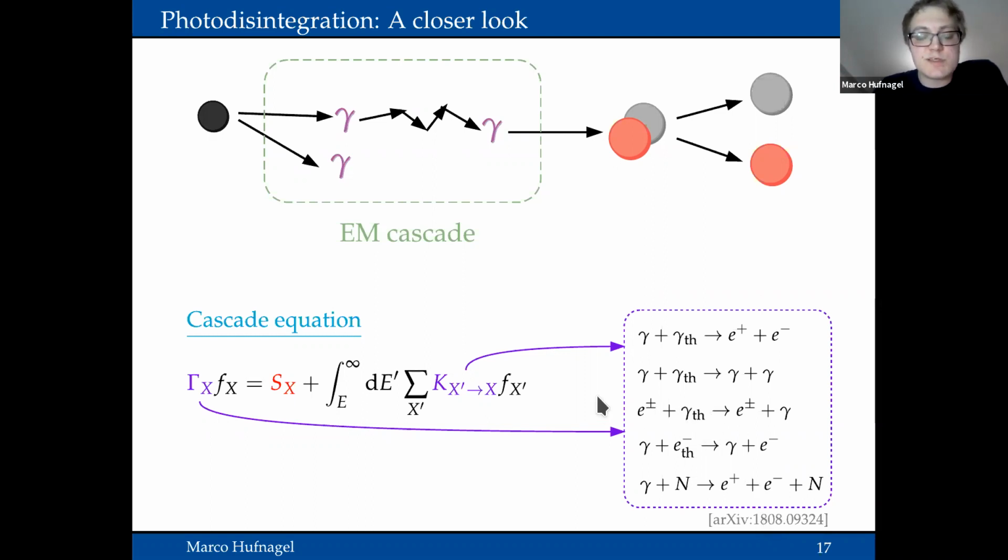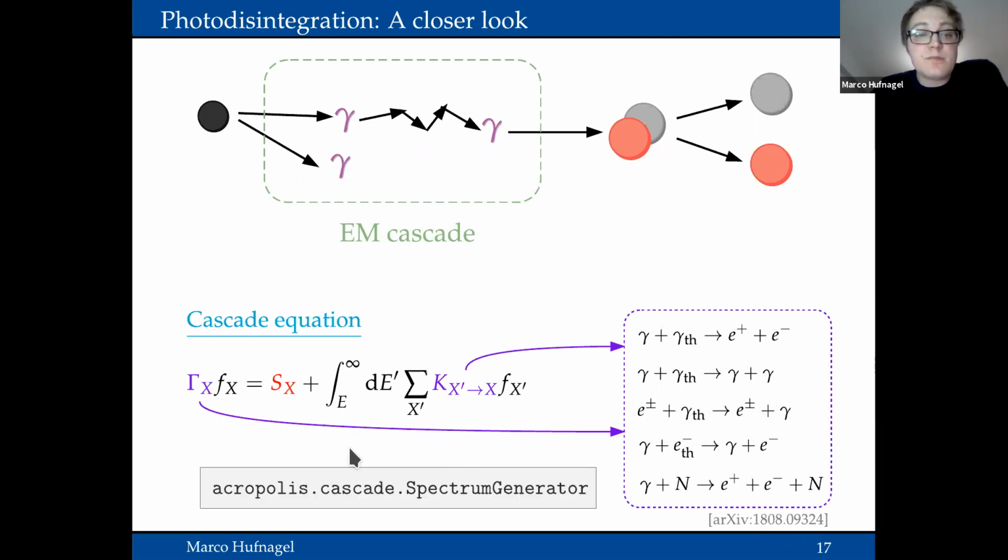But as I said, if you just use ACROPOLIS, then this is basically none of your concerns. But if you want to look up the implementation, then you can go into acropolis.cascade in this package. There you find all of these reactions, and especially in spectrum generator, this is the class that actually solves this cascade equation.